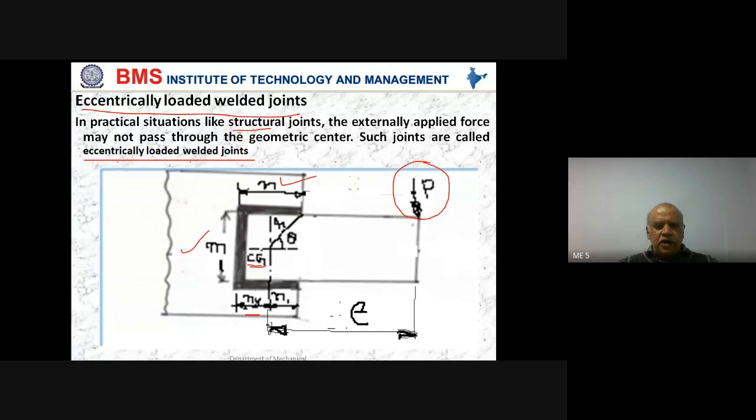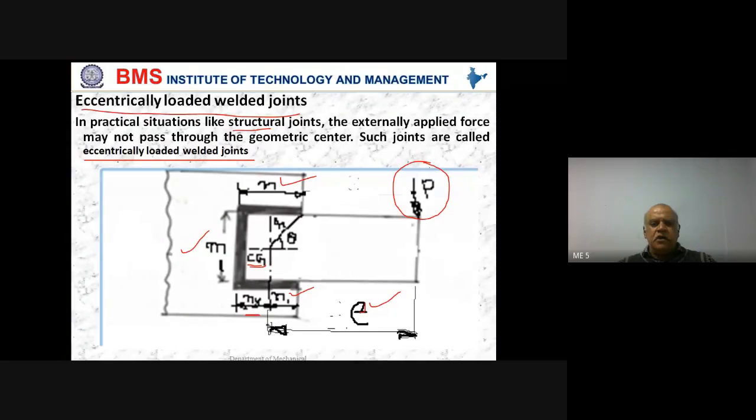Ny will give you the distance of CG from the transverse weld over here, and the distance of the parallel weld from CG is taken as E, and the distance from CG to the point of application of load is taken as eccentricity, denoted by E. Is that okay?